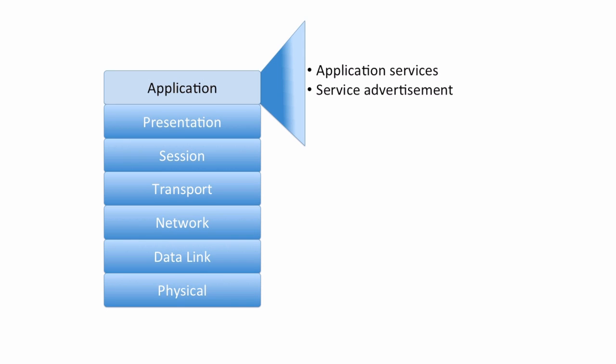For example, if you have an Apple iPad and you have a printer on your network that supports the AirPrint service, you go into your iPad and you have a document or a web page that you want to print, you say you want to print it, and you get a listing of printers that have that AirPrint service capability, you pick a printer and you print your document. That's an example of a service advertisement feature that would live at the application layer.